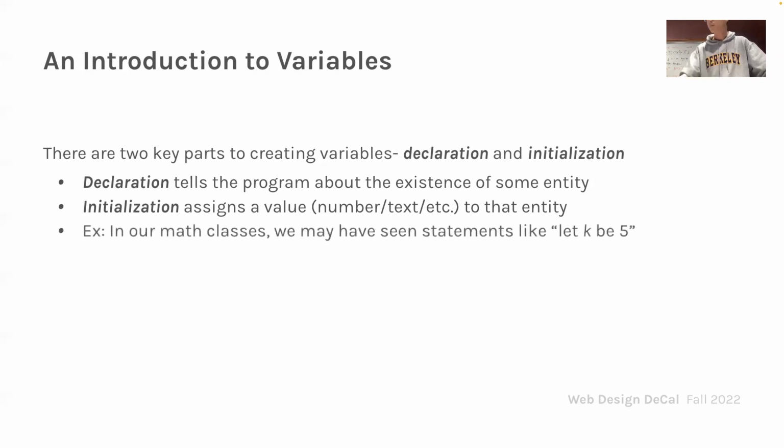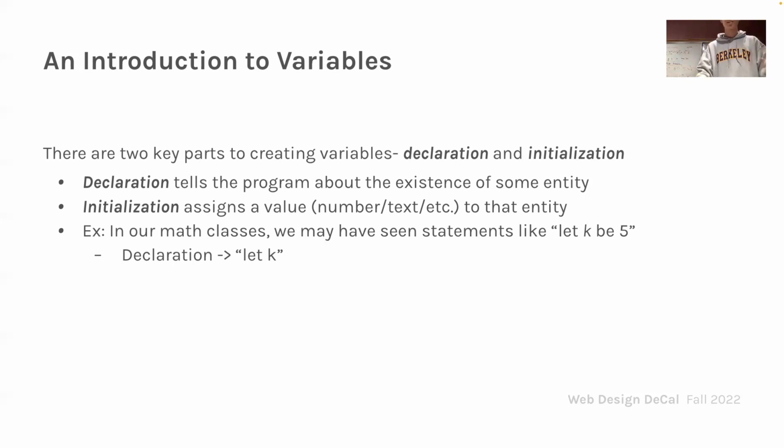Just to connect this to a more relatable example that we may have seen in math class, maybe in proofs, you might have seen statements like let k be 5. To connect this back to declaration and initialization, the declaration is analogous to this "let k". Alone, "let k" doesn't mean anything, but it's telling our brains that there is a variable called k that will have some value in the future, and we will have to reference it eventually.